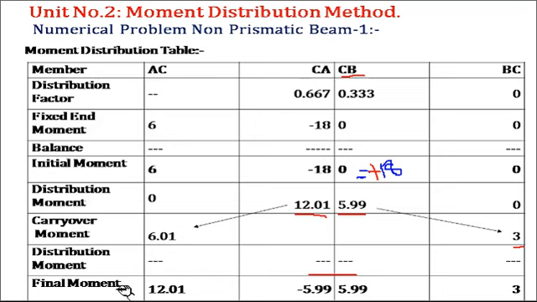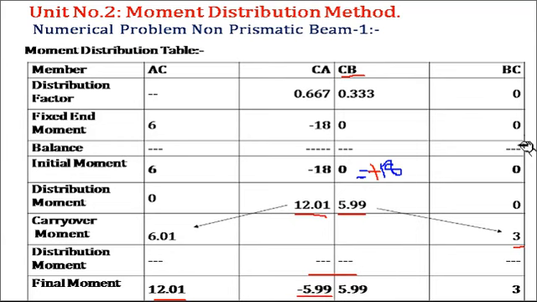So the final moment in member AC will be 6 plus 6.01, that is 12.01. Final moment in member CA will be minus 18 plus 12.01, it is minus 5.99. The final moment in member CB will be 5.99 plus 0, it will be 5.99.